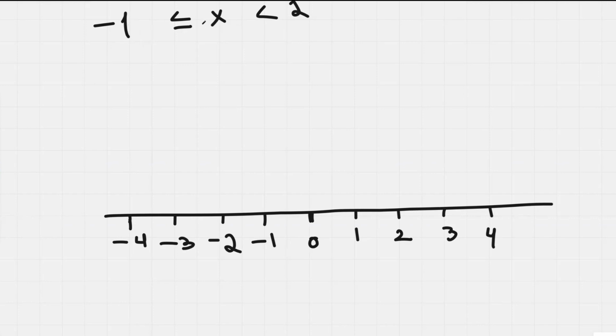So x is more than or equal to negative 1, which means we have to color it. So negative 1 here, and we color it like this. The second point is x is less than 2. So we have an exact range from something to something. So 2 is only less than, not equal, so only the point itself like this. Then we have to connect the 2 points as we have the exact range. So from here to here, and that is the answer.